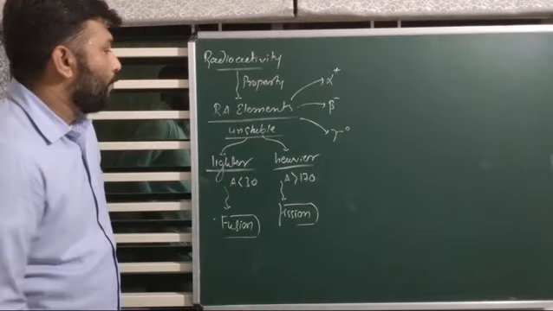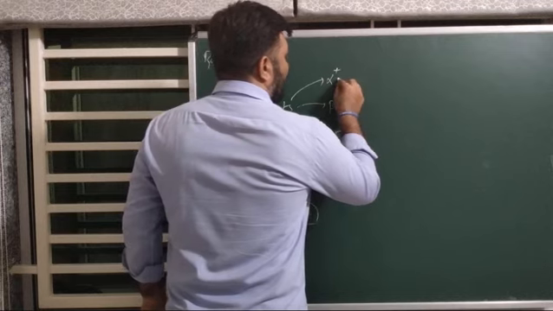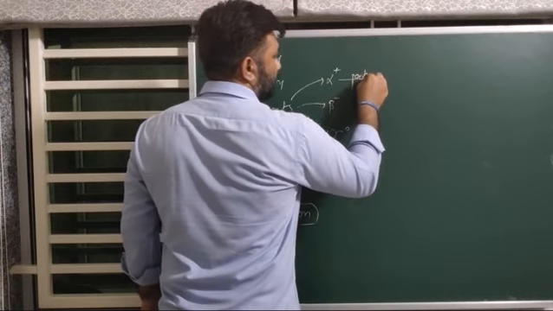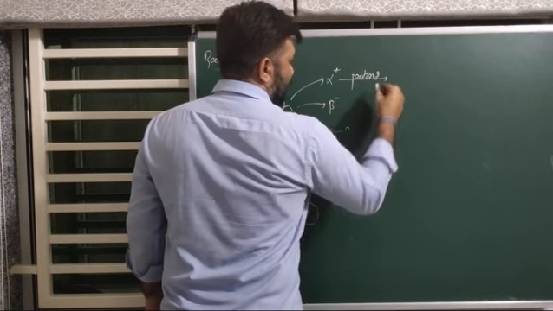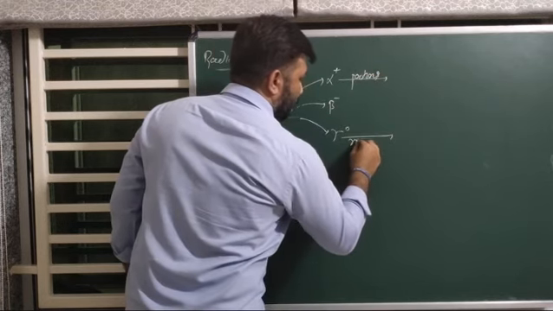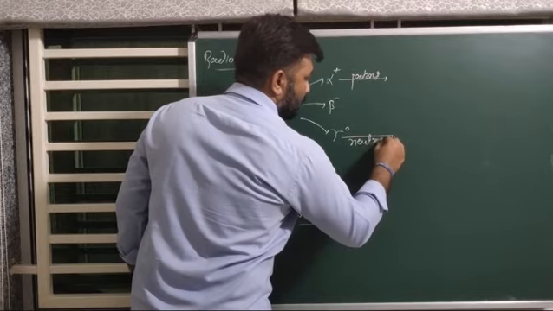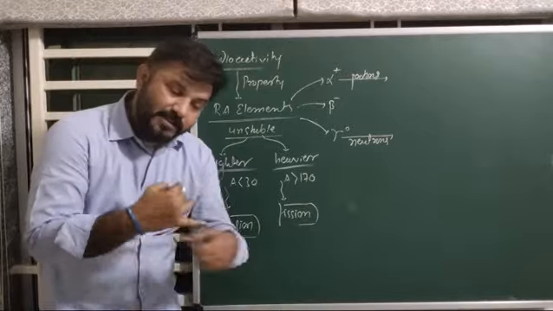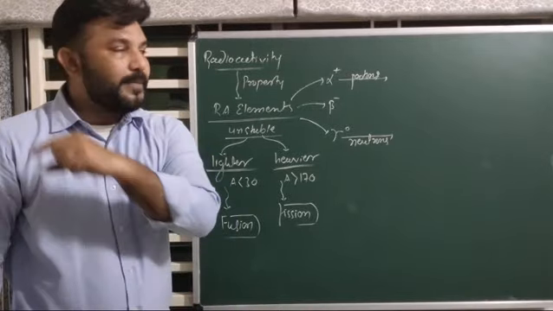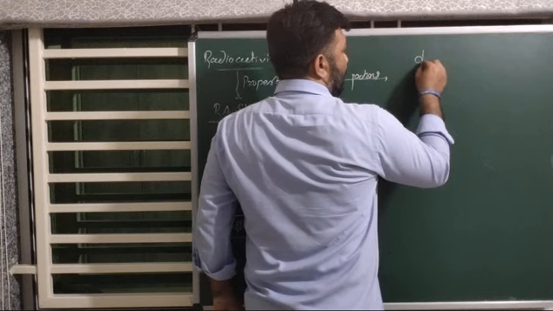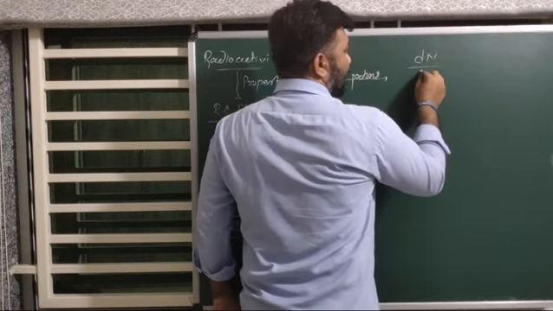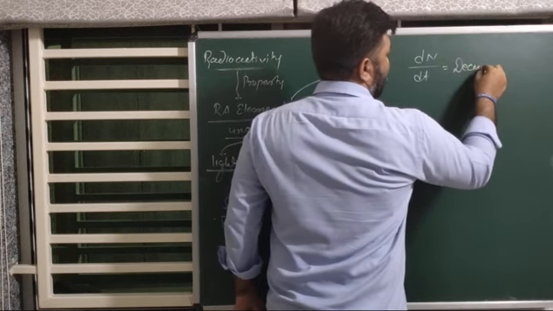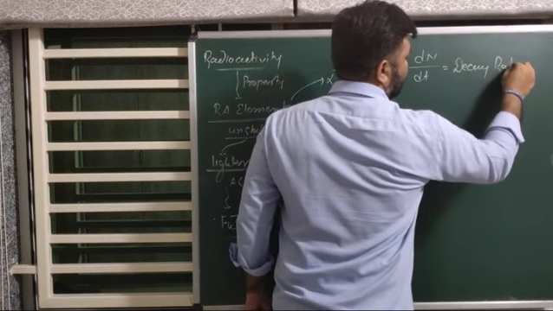Clear? So, you know that alpha particles come out from protons, right? Gamma comes out from neutrons. So obviously, the number of nuclei decreases as time proceeds. The same definition is there. dN, the number of nuclei disintegrating per unit time, is known as decay rate.